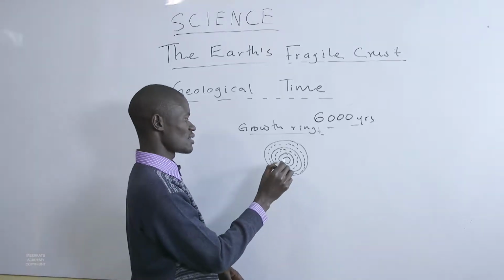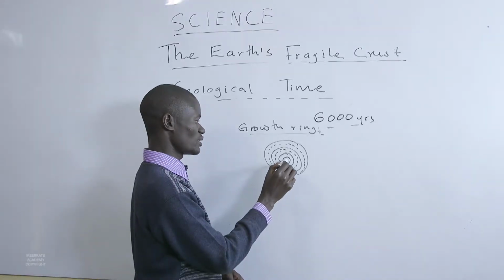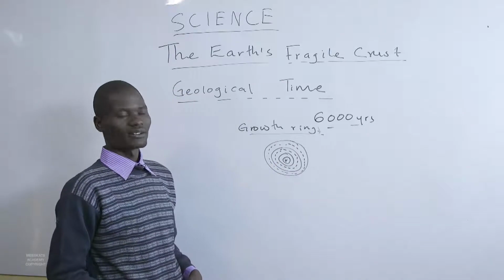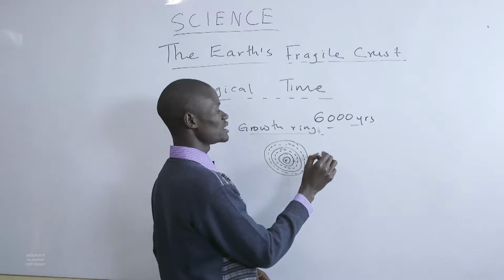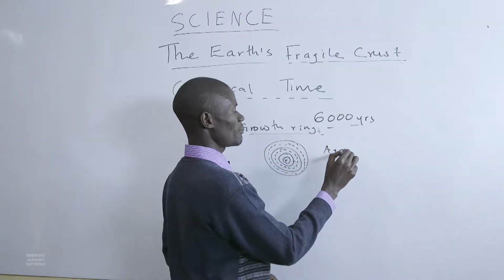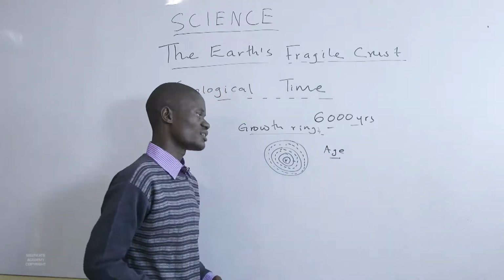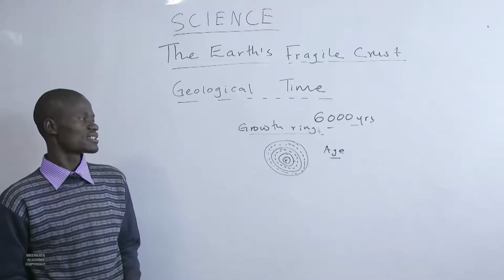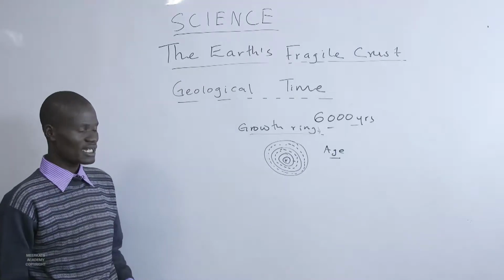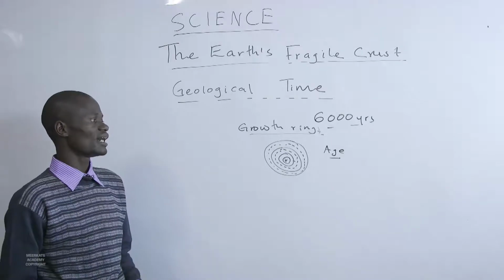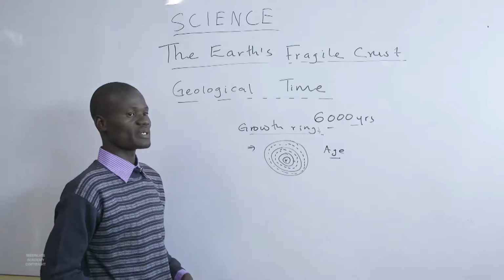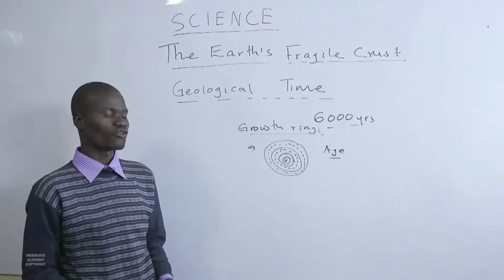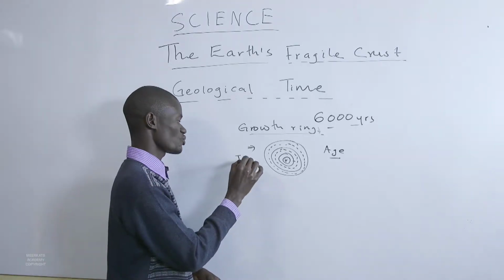Beginning from the first one, we are able to determine the age of a particular tree if it has existed for several years. This is the ancient method people used, especially for determining the age of plants such as trees.